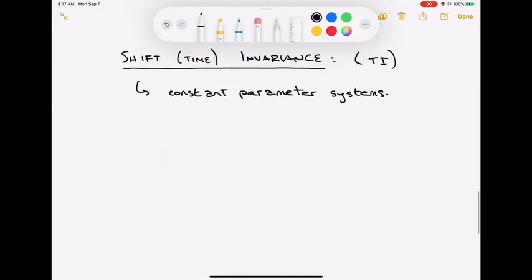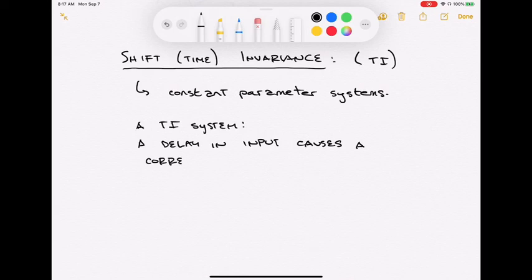Basically, in a shift invariant or time invariant system, a delay in the input causes a corresponding delay in the output. So a TI system is one in which a delay in the input causes a corresponding delay in the output.